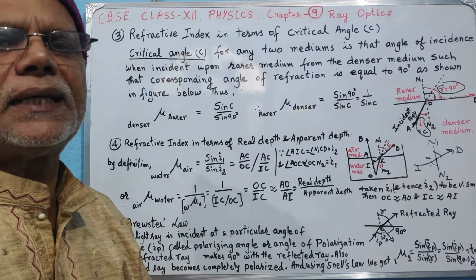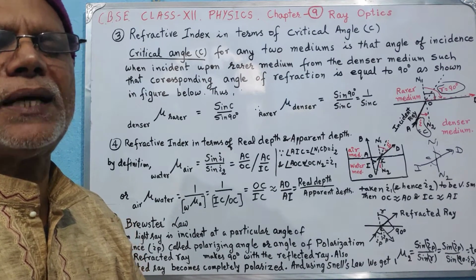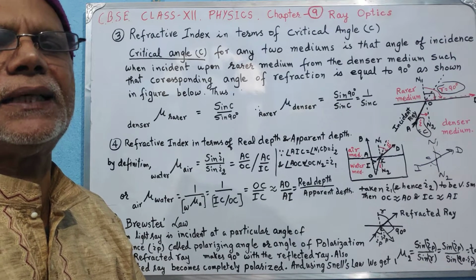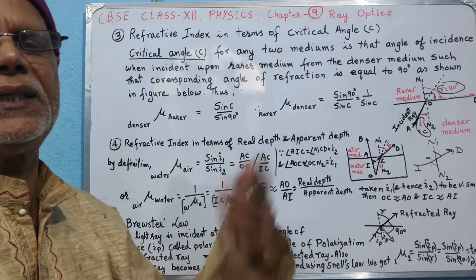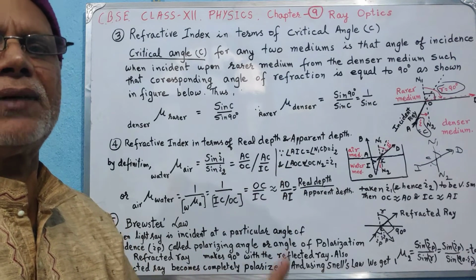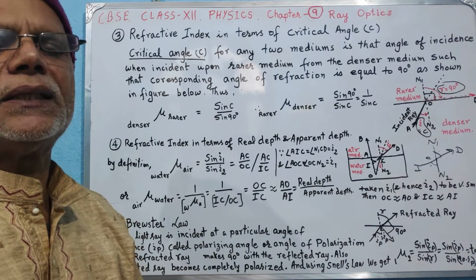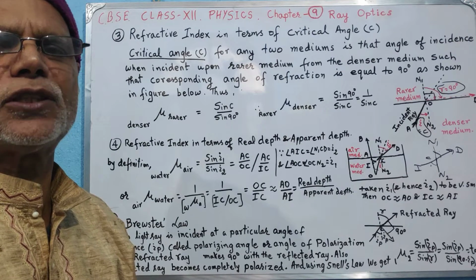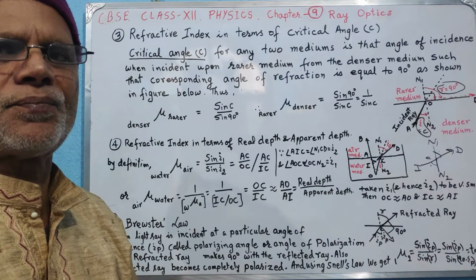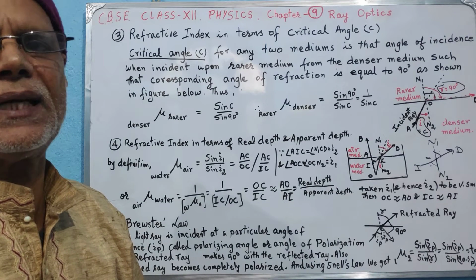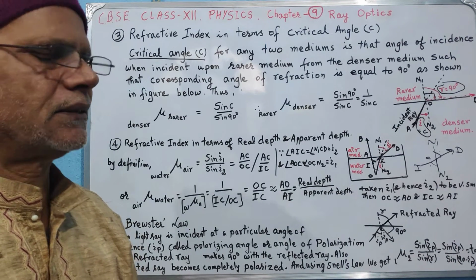We have learned that light is nothing but an electromagnetic wave, and the ordinary light, whatever light we receive from the sun, and in general whatever light we receive, has vibrations of electric and magnetic field in all possible directions, and it is called general light or unpolarized light.